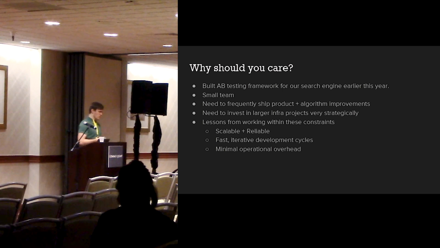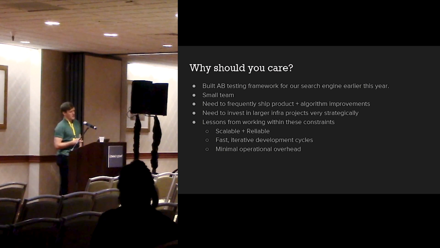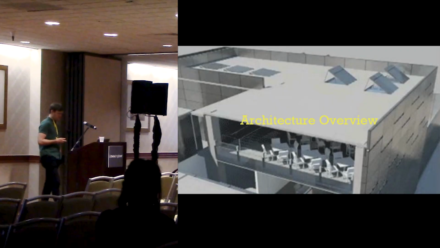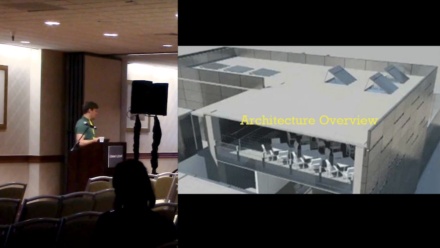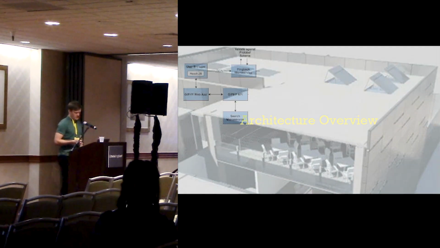We do run most of our infrastructure on AWS, which makes some of that easier, but also as a team, we're very close to the product, and we can't be spending a lot of time on infrastructure and pure data engineering all day. So I'm going to start with a little architecture overview, and then I'll get into some of the factors that led to being able to do this successfully as a project.